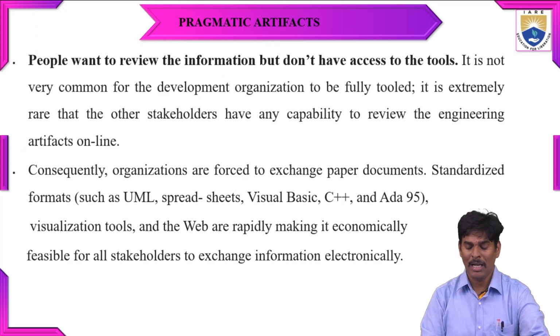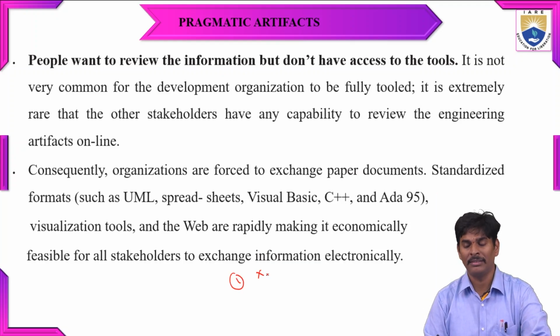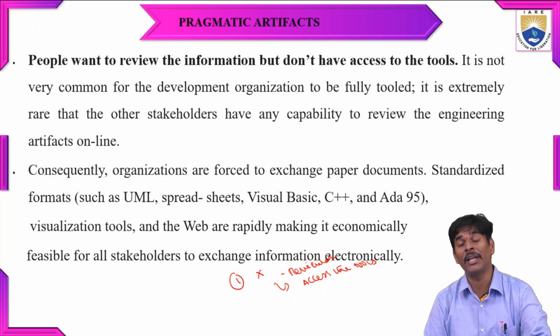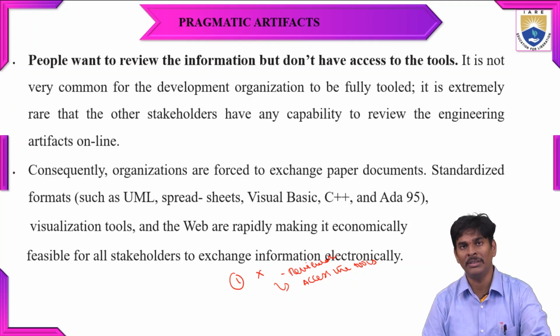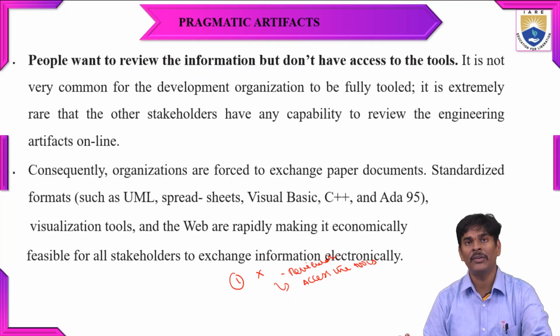For example, if X person is a reviewer and is very eager to review the papers, but doesn't have access to the tools, he cannot check the quality of the paper. So he has to request the tools from whoever assigned this paper. Once he accesses these tools, he will be very rigorous in giving comments in a proper manner.